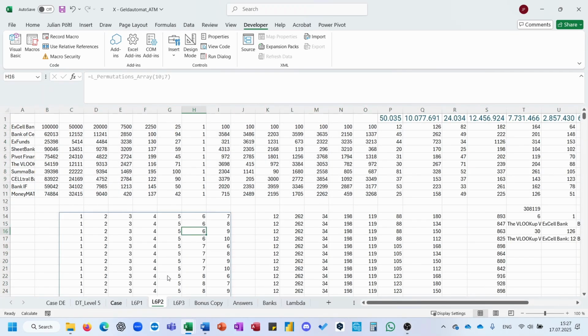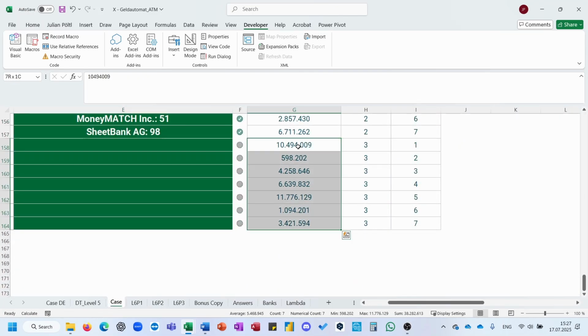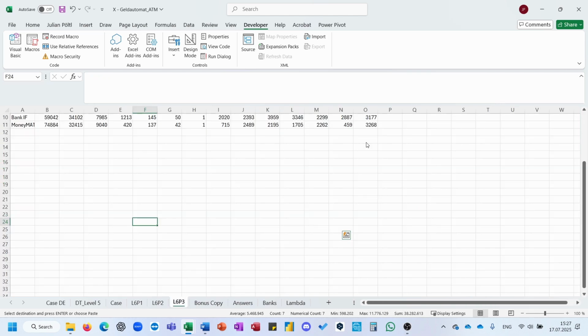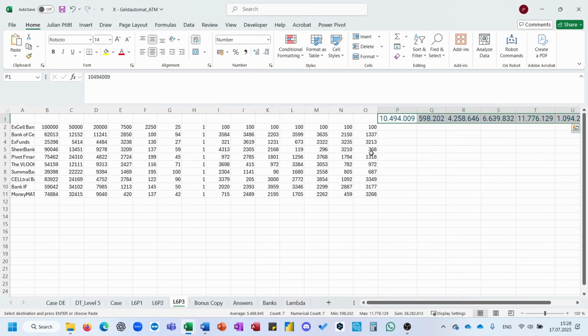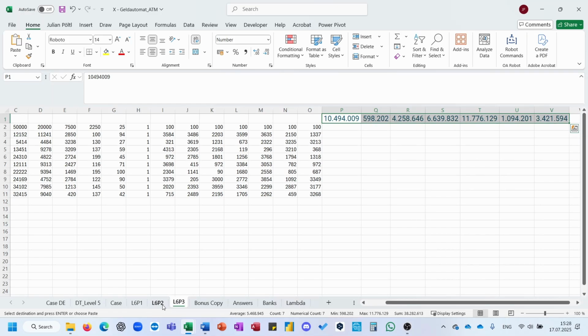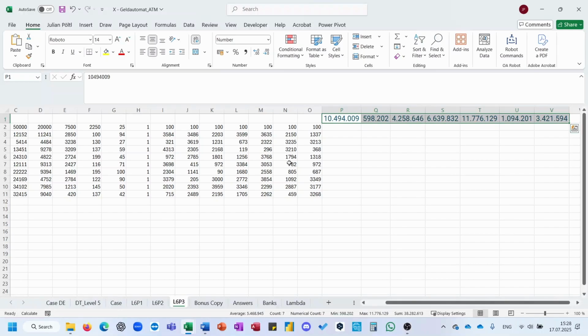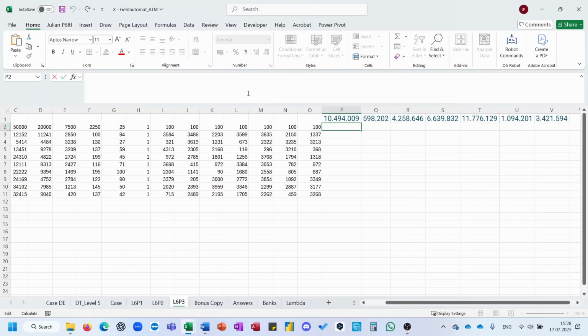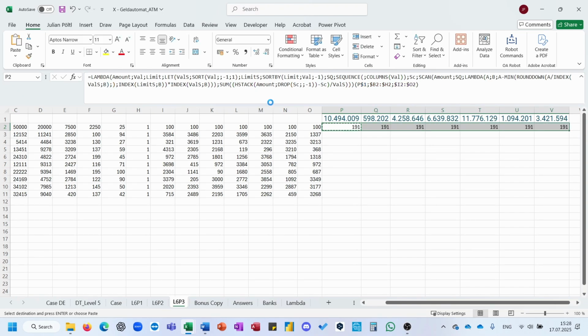Okay. Take those. And use the formula that is written here. And since it's written for those numbers, I can simply drag it to the side and drag it down.